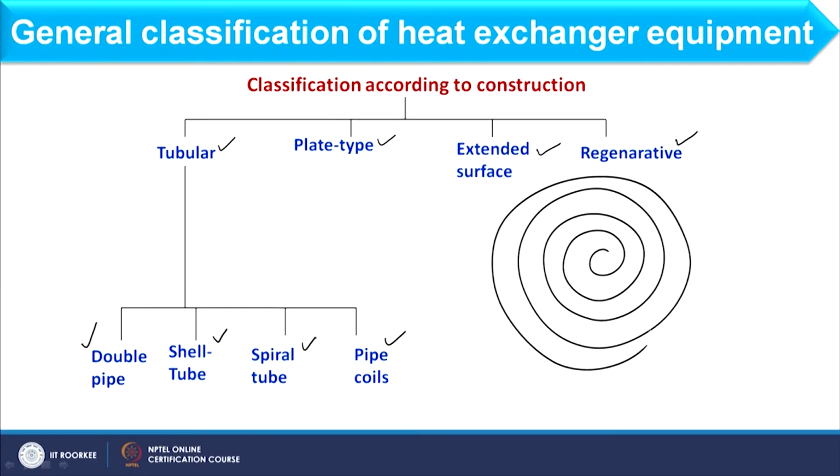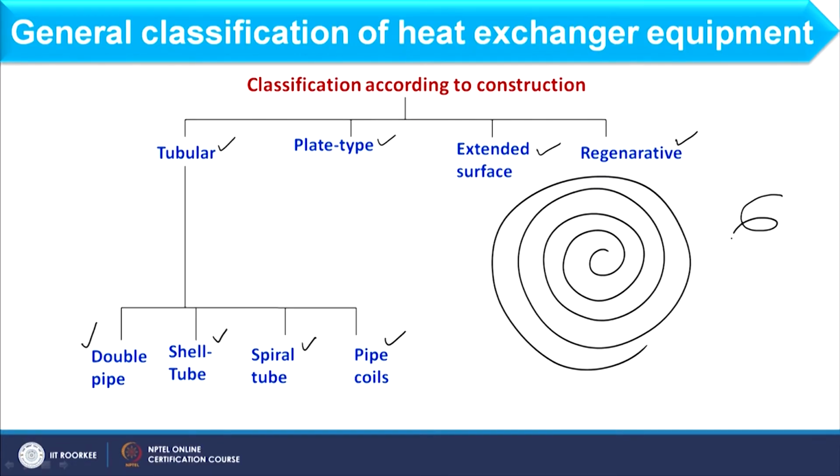So, it is basically the spiral tube heat exchanger where two tubes move together. If I am considering coiling, two tubes coiling will move simultaneously. In one coiling we have one fluid, another coiling contains another fluid.